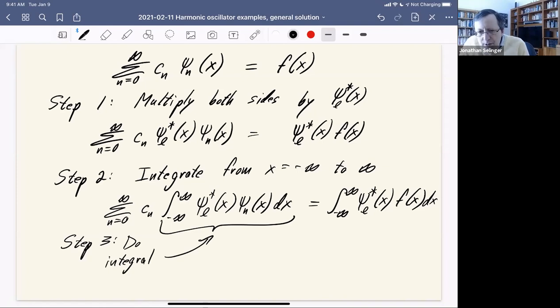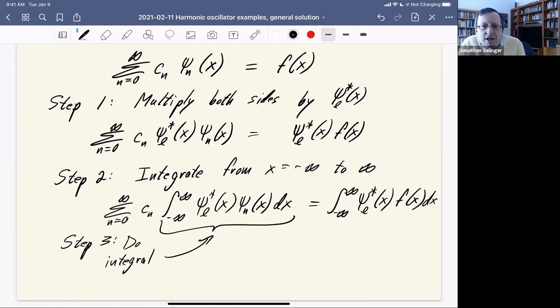Now, you remember when we were working with the particle in a box, this kind of step was an integral of two different sine functions, which might have the same thing times x or different things times x.